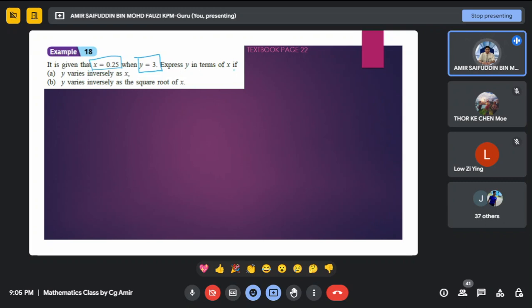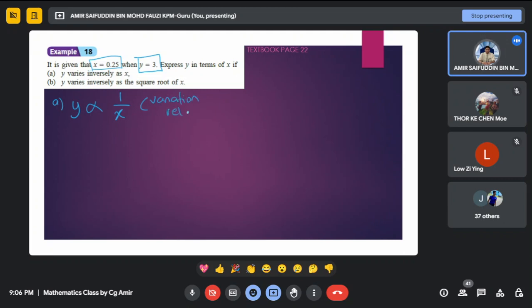Express y in terms of x if, number 1, a, y varies inversely as x. Y varies, variation symbol, inversely as x. Inversely, we're going to write as 1 over x. So when you see the word inversely, always 1 over the variable, 1 over x. So this one is the inverse variation relation.